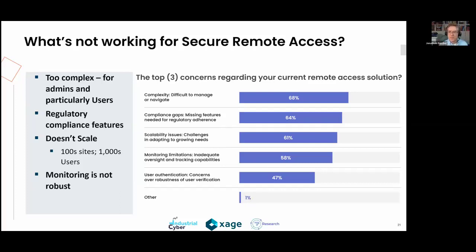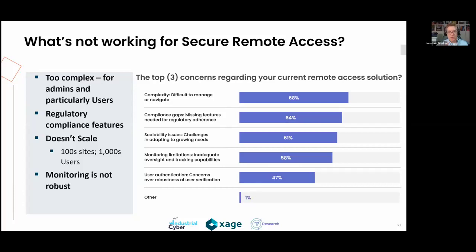No surprise here, because we've talked about it for a number of slides already, is complexity, difficult to manage or difficult to navigate from an end user point of view. On top of that, again, we've talked about compliance as well. So people are saying there are some missing features for compliance that might be logging or recording sessions, etc.